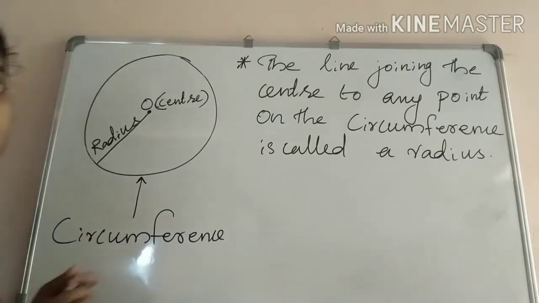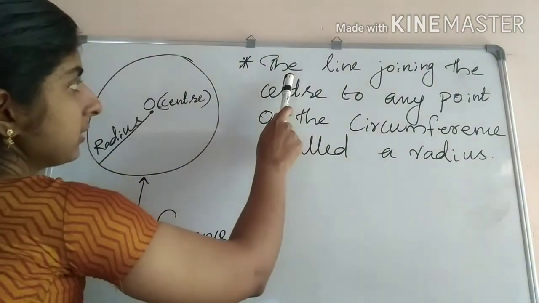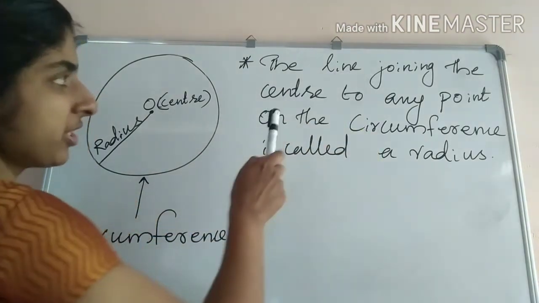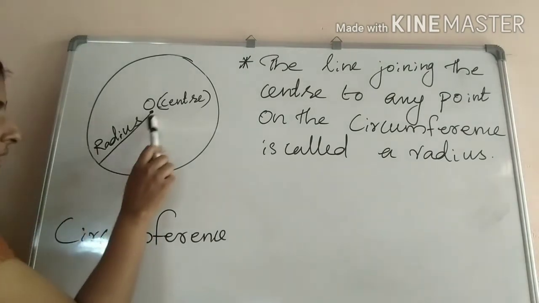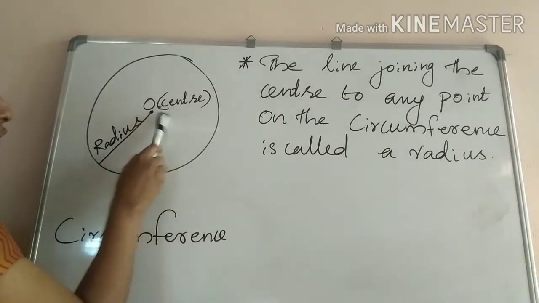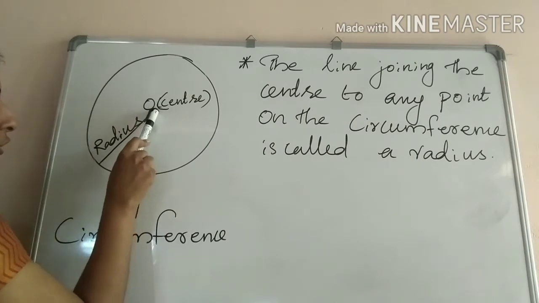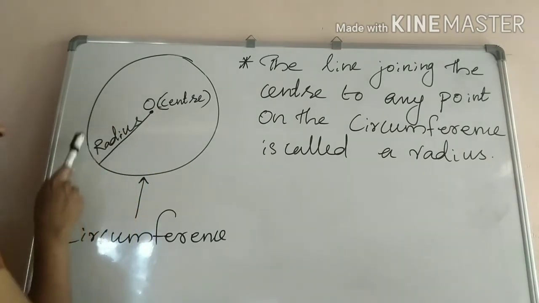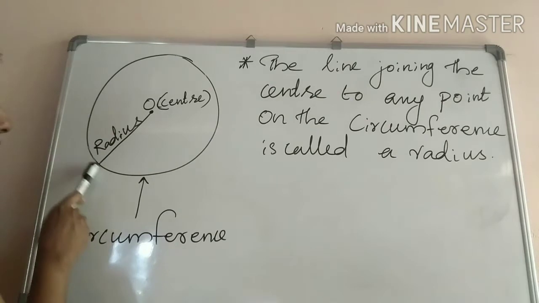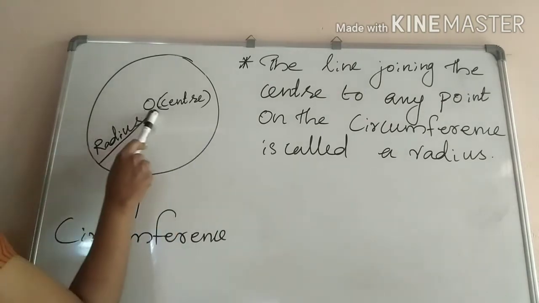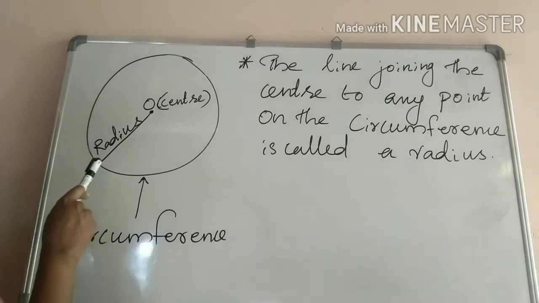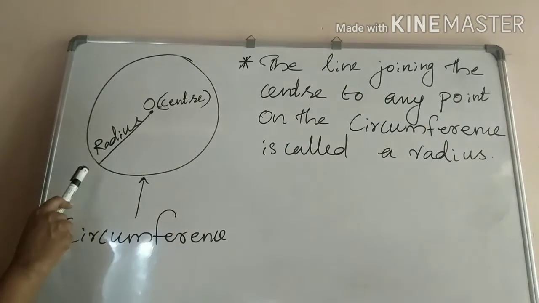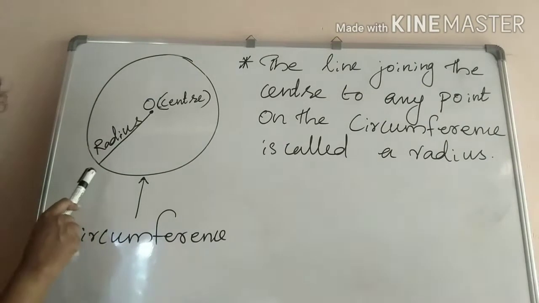The next one is: the line joining the center to any point on the circumference is called a radius. What is called a radius?